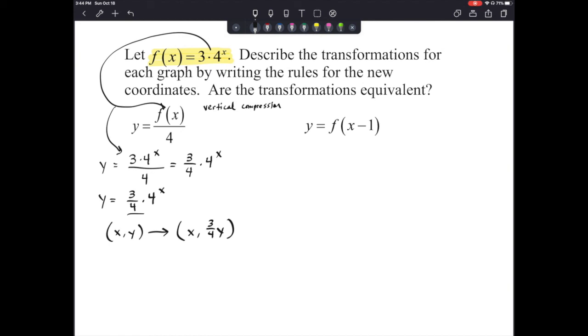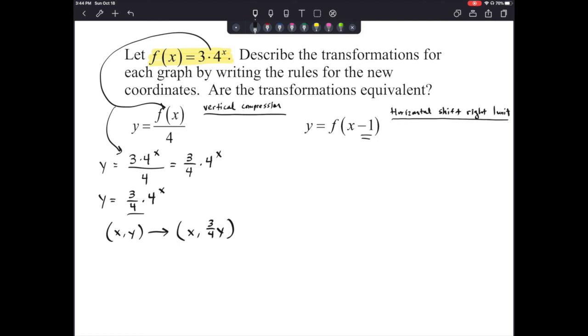So applying that vertical compression, they want to know, is that going to be the same as if we subtract 1 from our x's, which we know is going to be a horizontal shift to the right 1 unit? Is a vertical compression going to be the same thing as our horizontal shift to the right 1 unit?